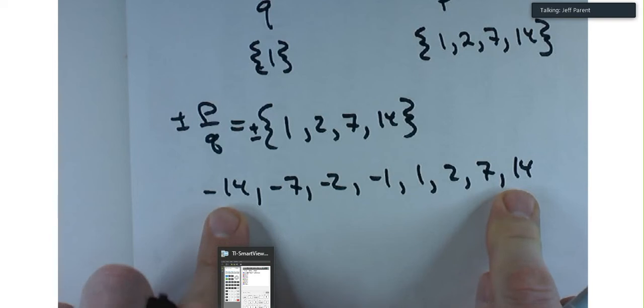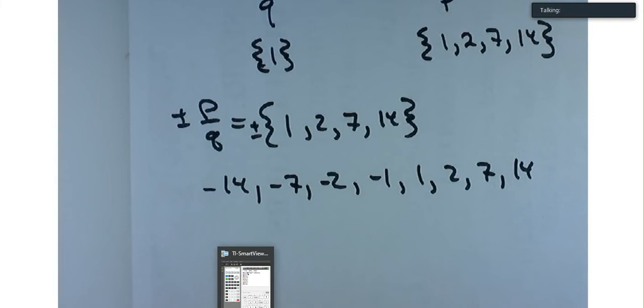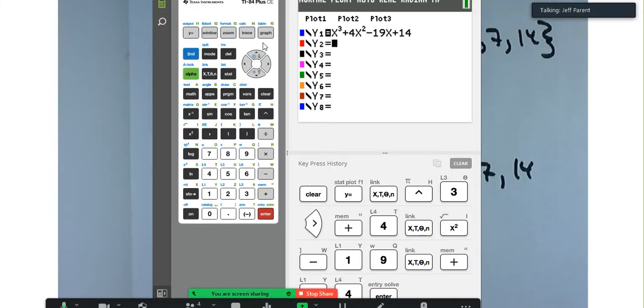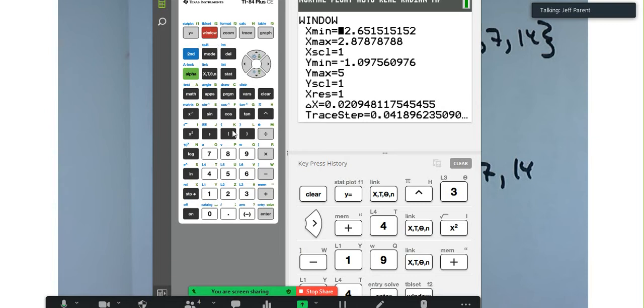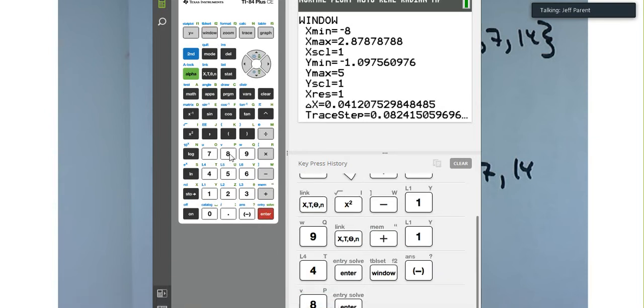I'm going to take a bet that negative 14 or 14 aren't the roots. So if I want to set up my window, just going out on a limb here, let's go from negative 8 to 8 on the x-axis.